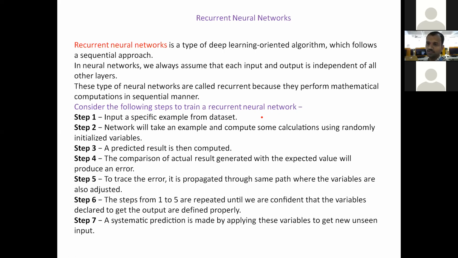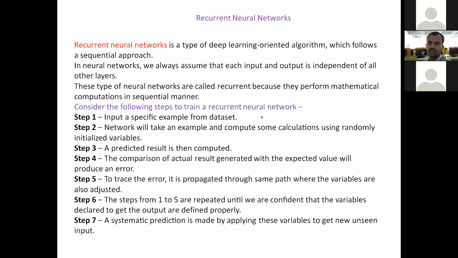Suppose you are doing research on DNA sequencing and want to do motif finding. If you want to find motifs in DNA sequences, or if you are working on COVID-19 datasets and want to find some sequences in them, you can try RNN.